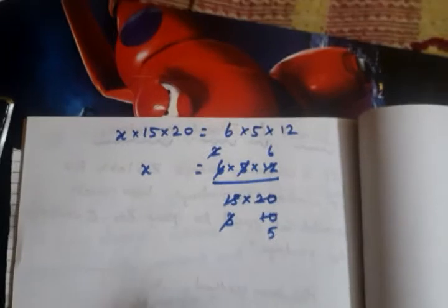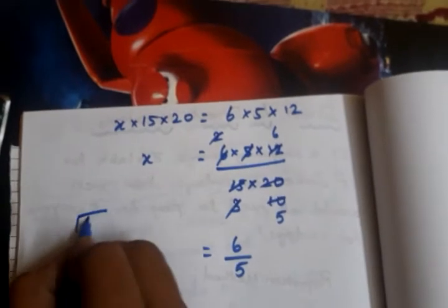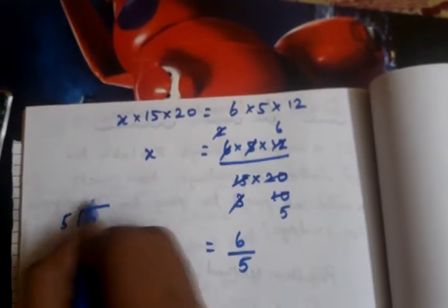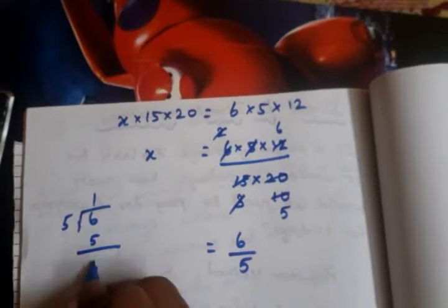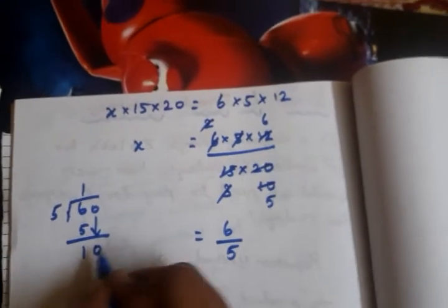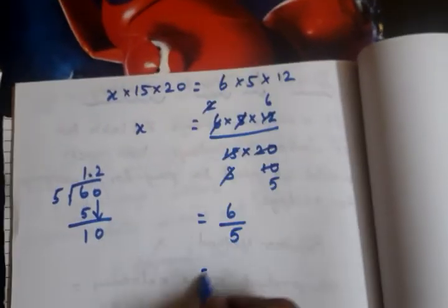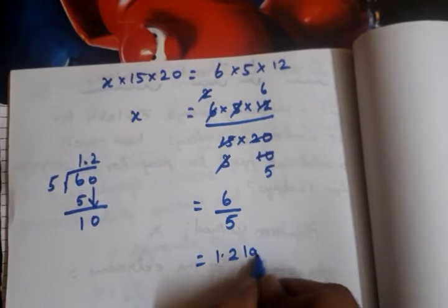So 6 by 5, then divide. 6 divided by 5 is 1, then put a 0, keep it down, 0 point, 5 2s are 10, value 1.2 lakh.